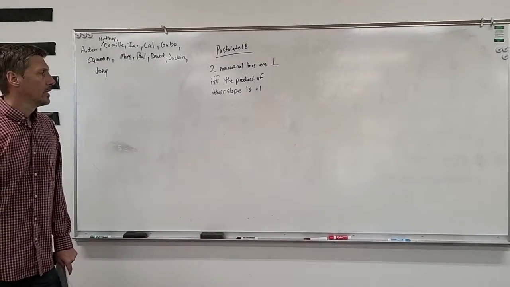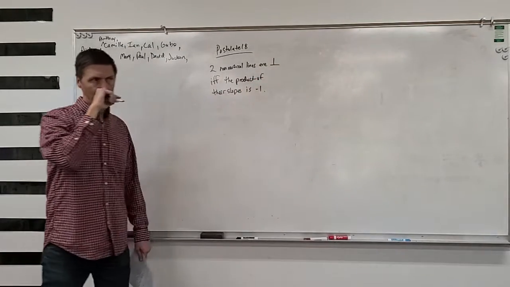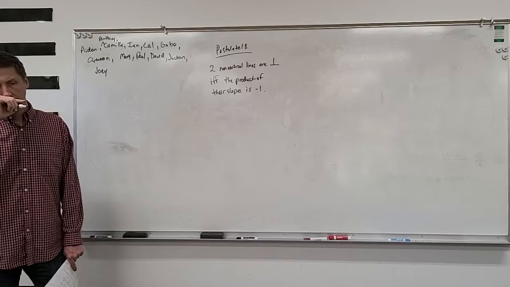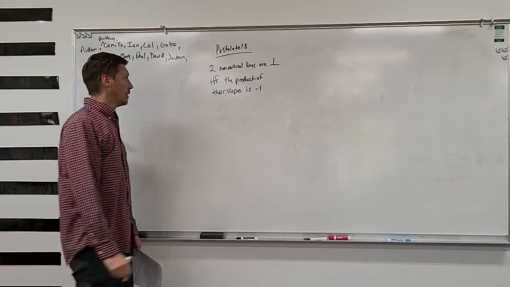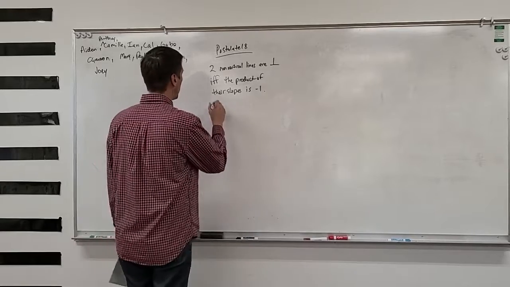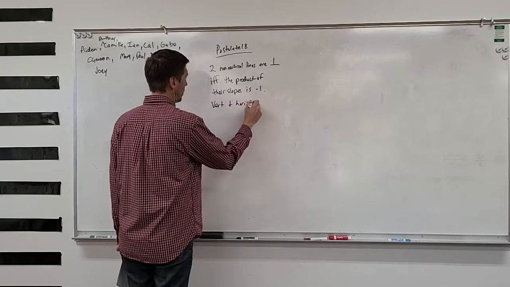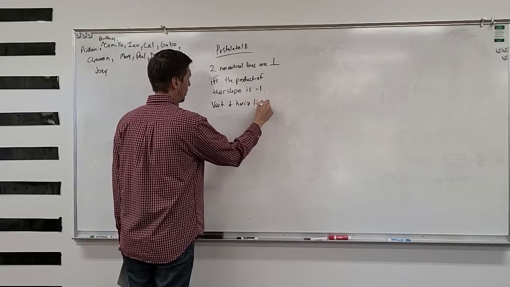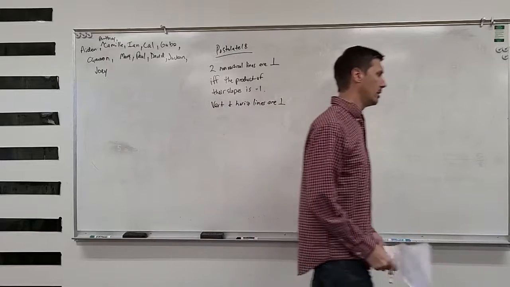All right, and then there's just a note here, and they have to make this note because the slope of one of these lines is going to be undefined, and the slope of the other one is 0. But they make the note that vertical and horizontal lines are perpendicular. So we just kind of know that by definition.